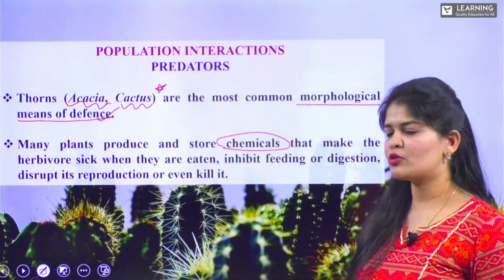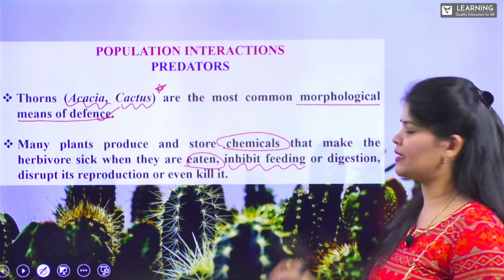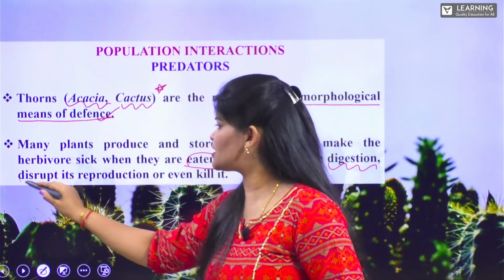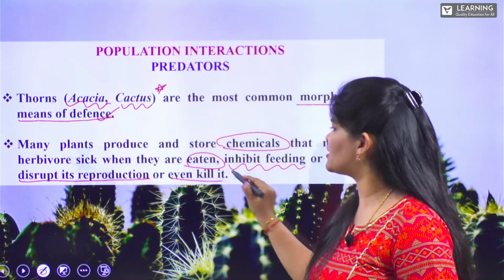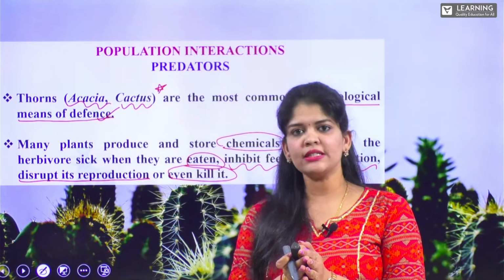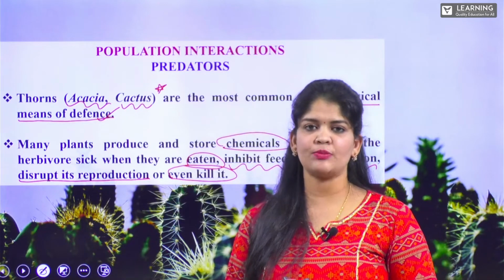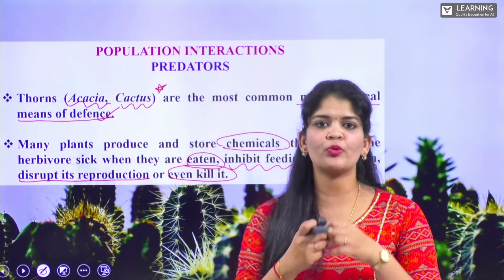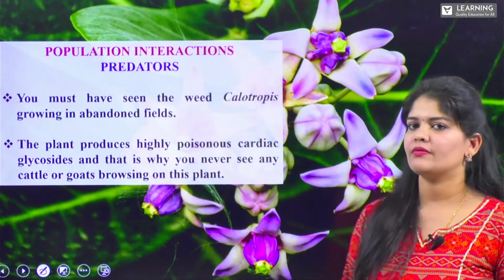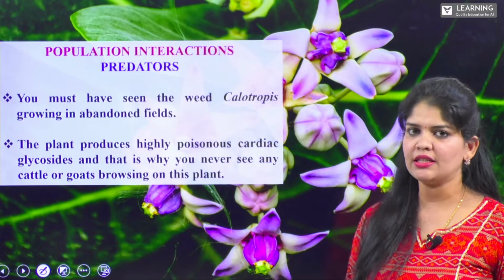And the herbivores become sick when they eat it, inhibiting feeding, digestion, disrupting reproduction, and finally even killing it. So these are all the morphological and chemical mechanisms that have been evolved by the plant system to protect themselves against predation.